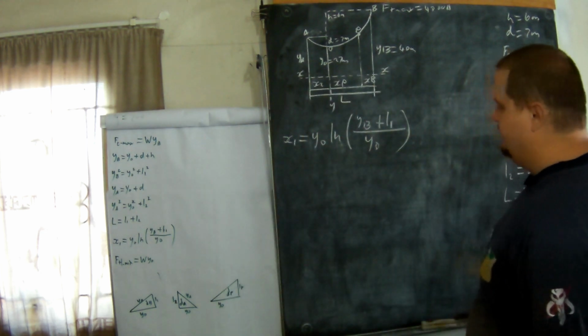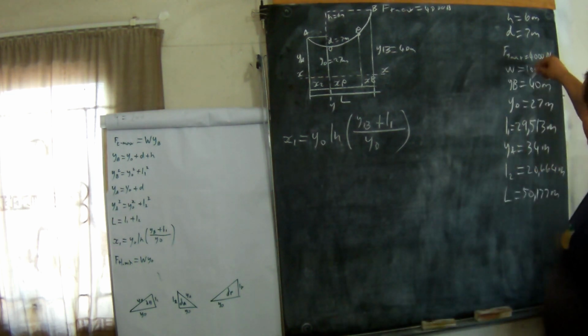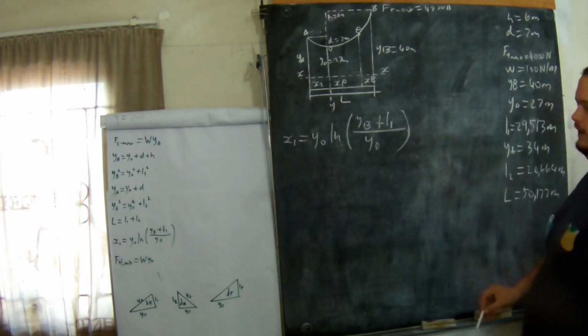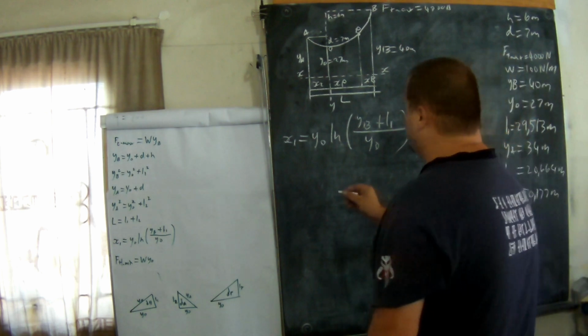Now this is the simplest thing in the world to do. All you have to do is take the values that you have already obtained, put them in the formula and plug it into your calculator. That is literally all you have to do.